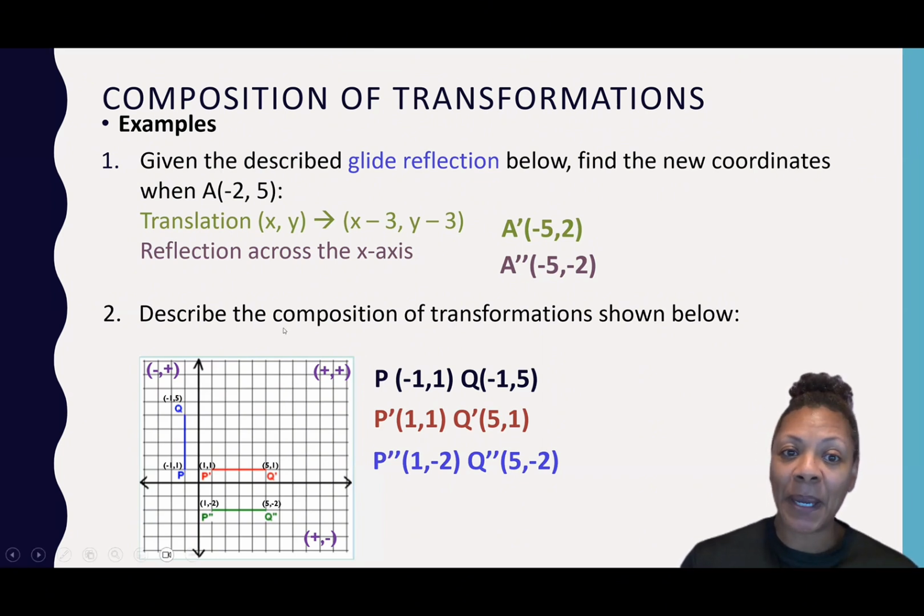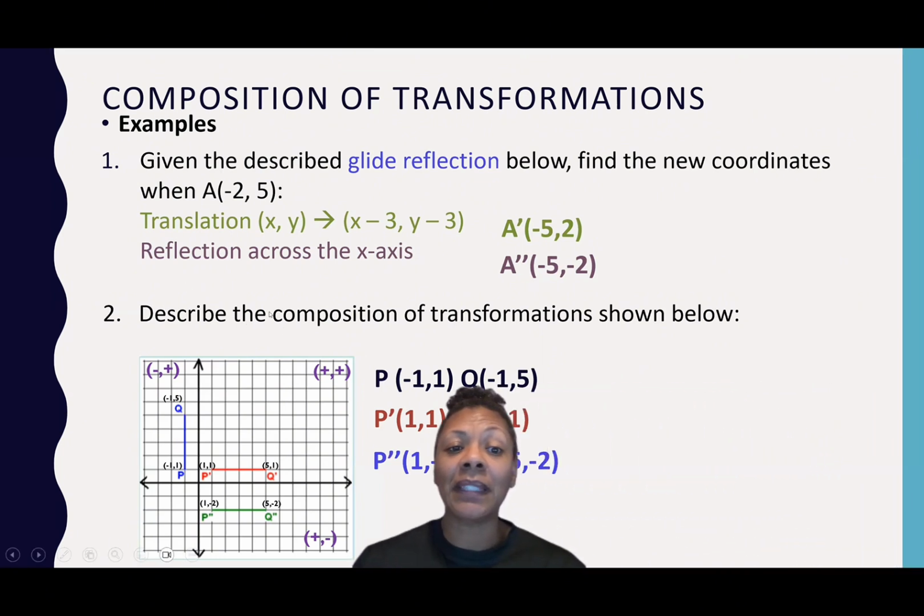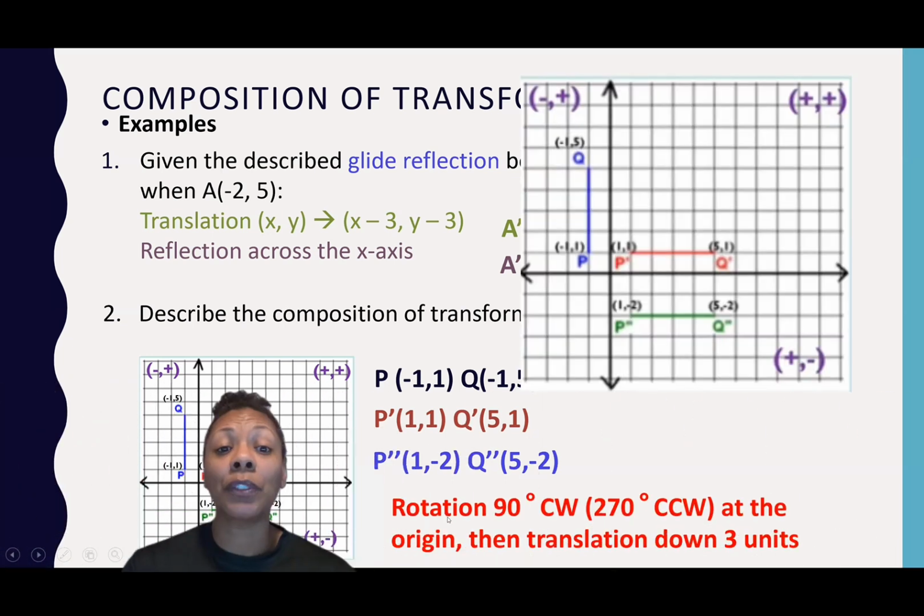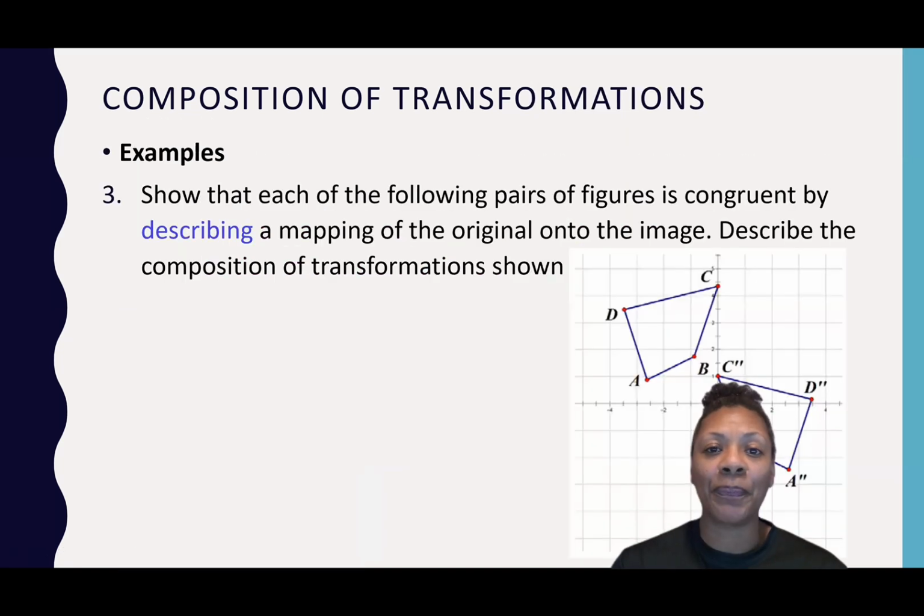So to sum it up in words, because that's what it's asking, if I am to describe what's happening, there was a rotation 90 degrees clockwise at the origin. I have to be specific as to the center, and then a translation down 3 units. So again, you do not have to say 90 degrees clockwise as well as say 270 degrees counterclockwise. You can say one or the other because they have the same rule.